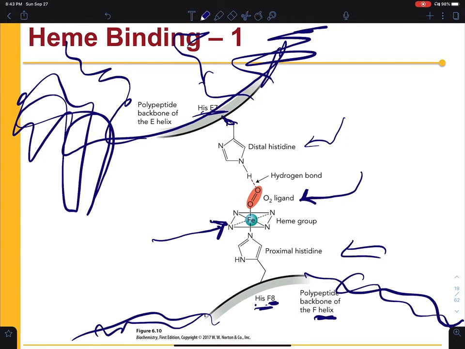So one of the ways we know that these histidines are critical for the function of hemoglobin or myoglobin is because when they are removed, you disrupt the function of the protein and it can't do what it's supposed to do. With any other amino acid here, there's a potential that if you change it, it might not have as dramatic an effect on its function. That's how we as scientists get an idea of what are the critical residues or amino acids in a particular protein.